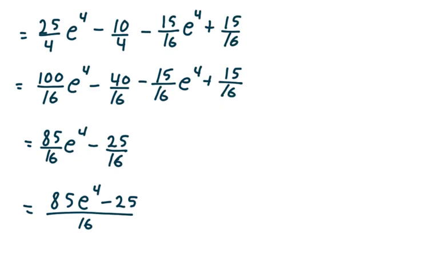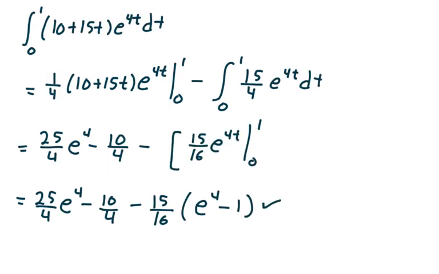Now over here, I get 25 e to the 4th over 4, or 25/4 e to the 4th, minus 10 over 4, minus 15/16 e to the 4th, plus 15/16. So it does look like I distributed the 15/16 back in anyway, which is fine.